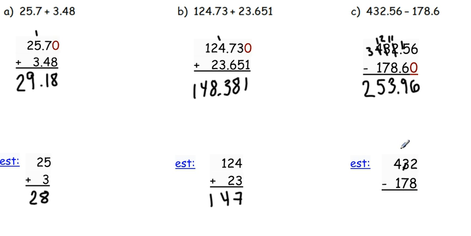We can't do 2 subtract 8, so you need to borrow. Can't do 2 subtract 7, so you need to borrow again. 12 subtract 7 is 5, and 3 subtract 1 is 2. Using front-end estimation, we can ensure our actual answers are reasonable.